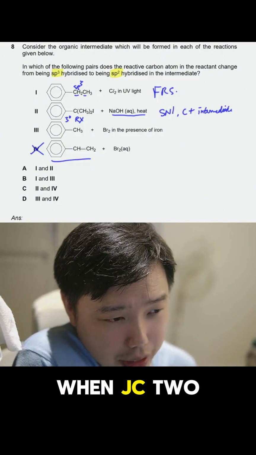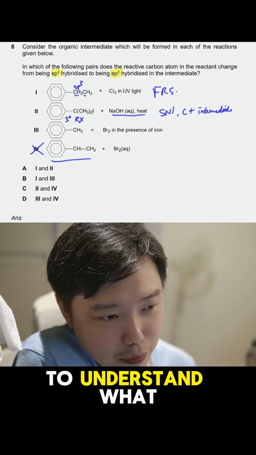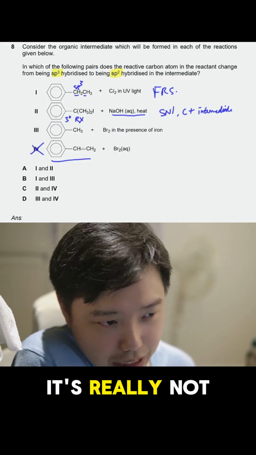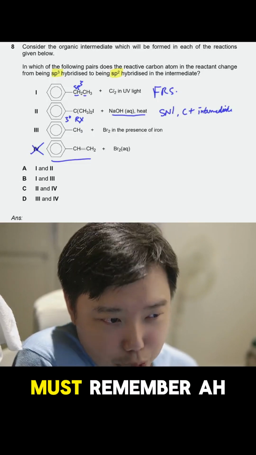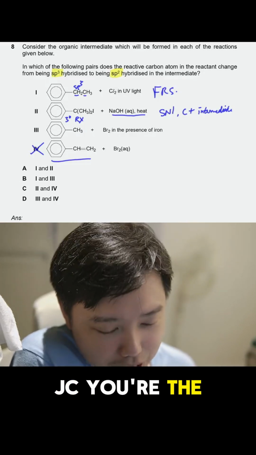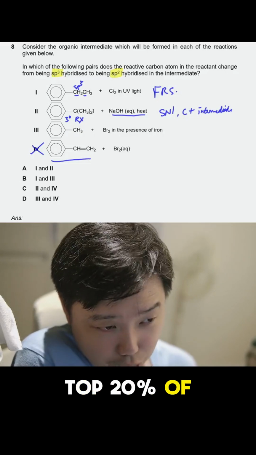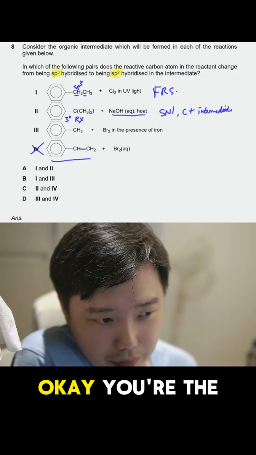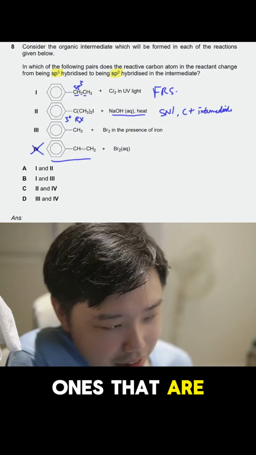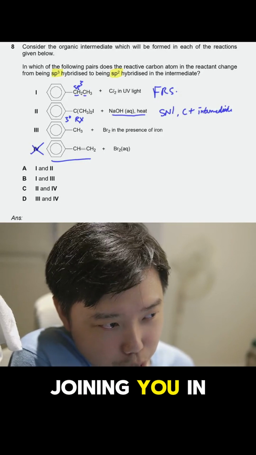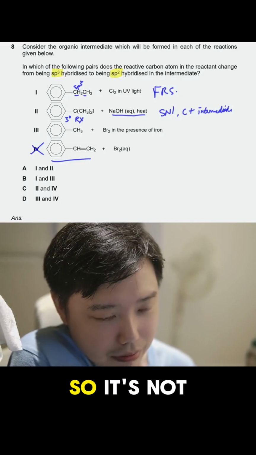It's only in JC2 that I started to understand what is going on. It's really not easy, guys. JC is not meant to be a walk in the park. You must remember, if you're in JC, you're the top 20% of your cohort, and all the smart ones in IP are now joining you in your A levels. So it's not easy.